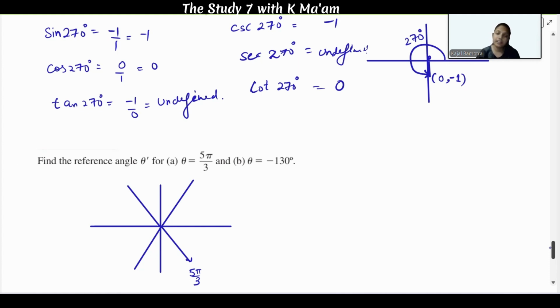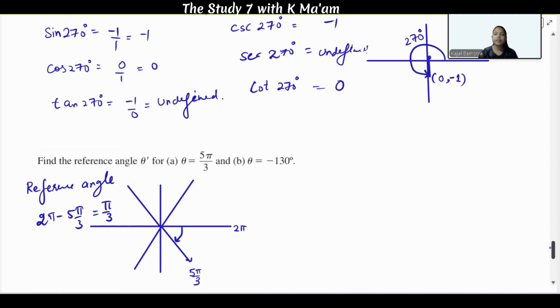So the nearest axis is this. This is 2 pi. So 2 pi minus 5 pi by 3, that is pi by 3. So the reference angle is 2 pi minus 5 pi by 3, which is pi by 3.